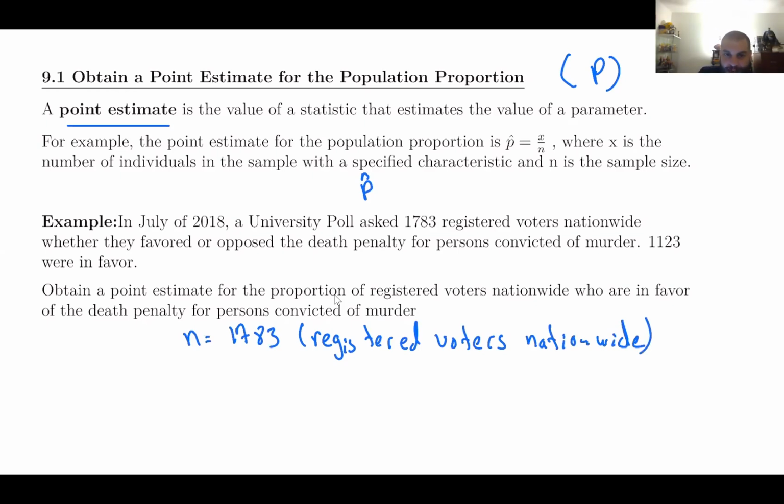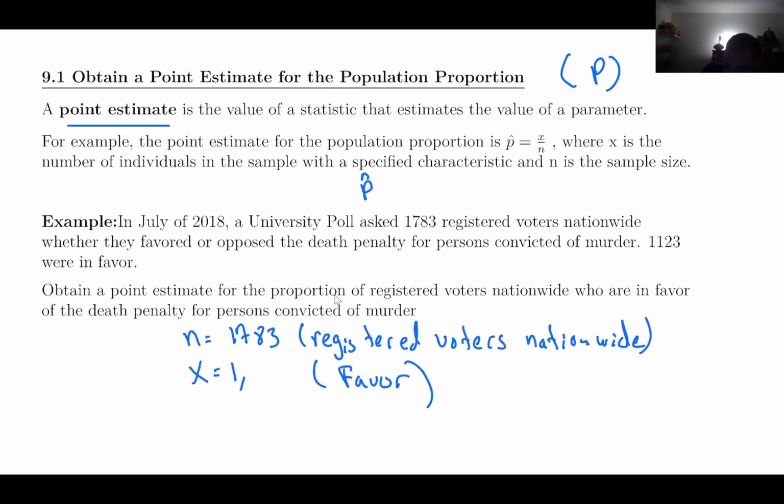So let's find our X. For the point estimate, are we focusing on people who are in favor of the death penalty or people who are opposed to the death penalty? Like, who do we want to find the point estimate for? So we want to find it for people who are in favor. And Stephanie already gave me the answer for that.